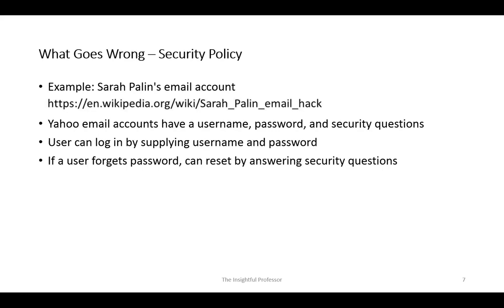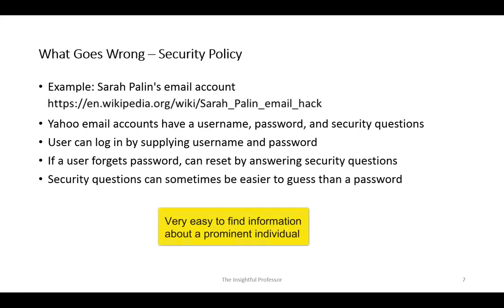In the event we're referring to here, the hacker had obtained access to Palin's account by looking up biographical details such as her high school and birth date and using Yahoo's account recovery for forgotten passwords. The hacker then posted several pages of Palin's email.